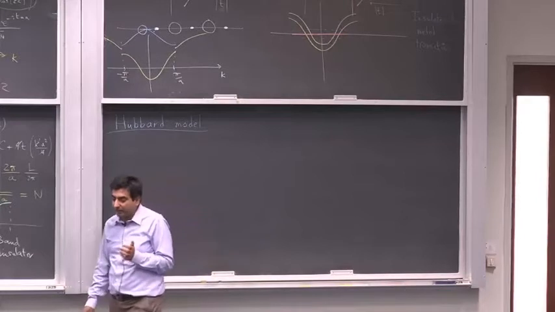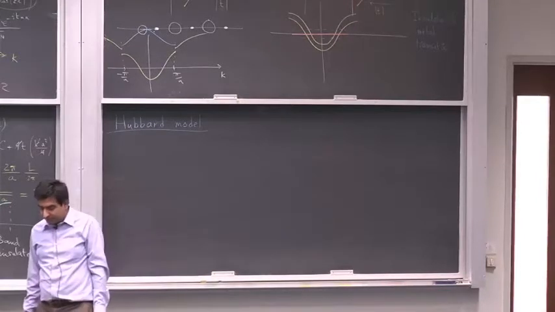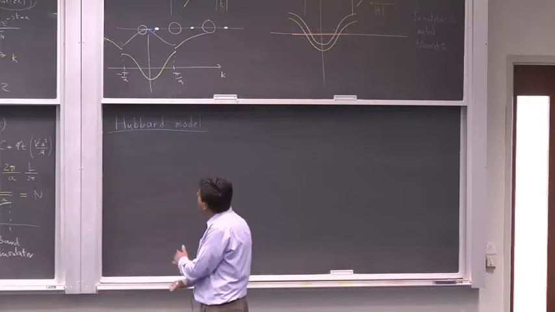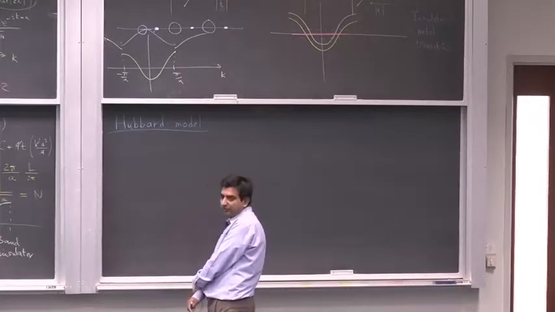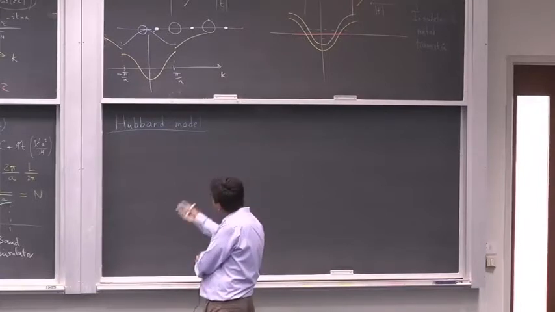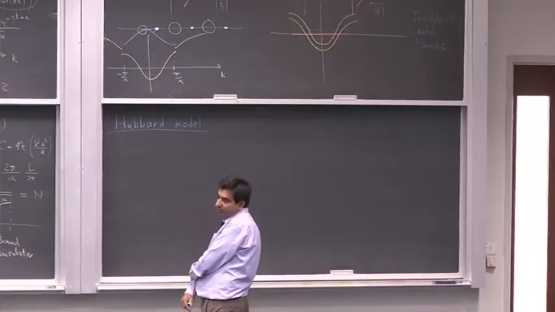However, what we would like to introduce now is some kind of interaction between the electrons on top of the tight binding model. One model that's proposed is the Hubbard model.